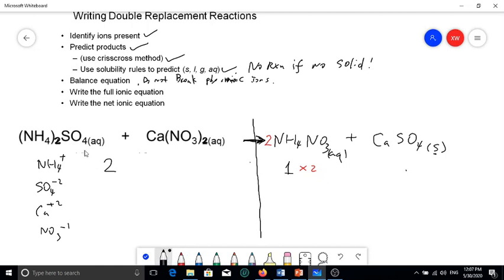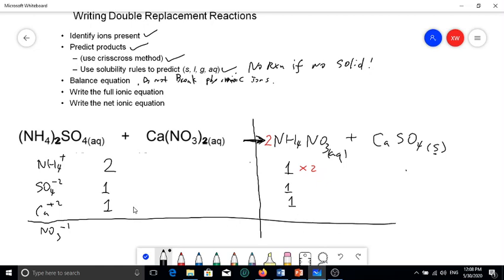All right, the sulfate, SO4 as one whole thing, there's only 1 of it. Over on the other side, calcium sulfate, there's only 1, but that's okay. Calcium, 1 of it, calcium, 1 of it. Again, you should remind yourself, is the nitrate balanced? Over here, NO3, there's a little number down here too, that means there are 2 of them.